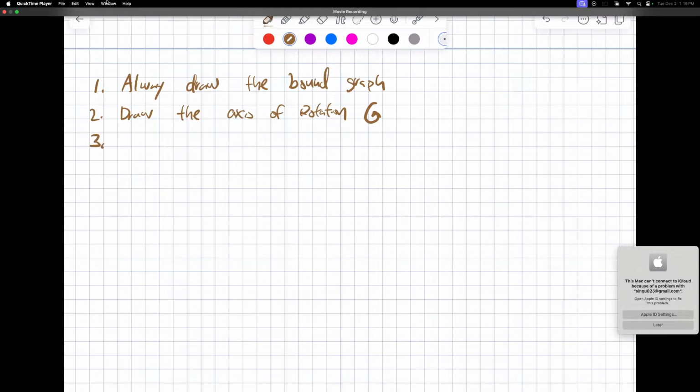The third step has to be in one direction: draw from the axis of rotation to the boundaries.